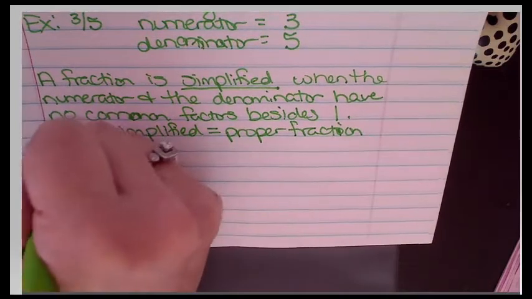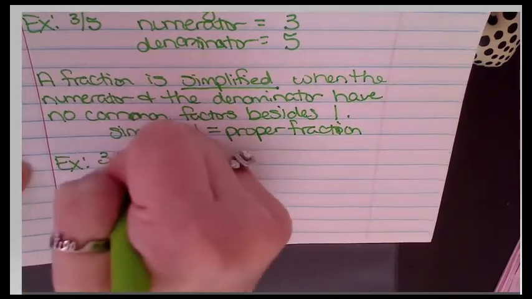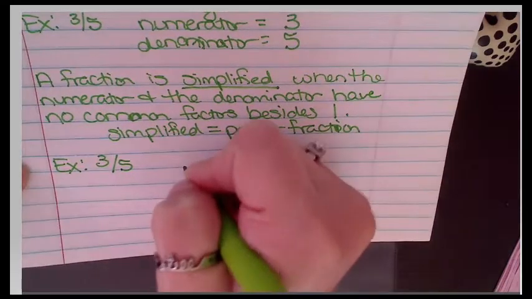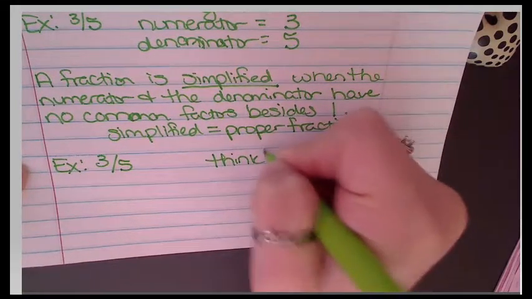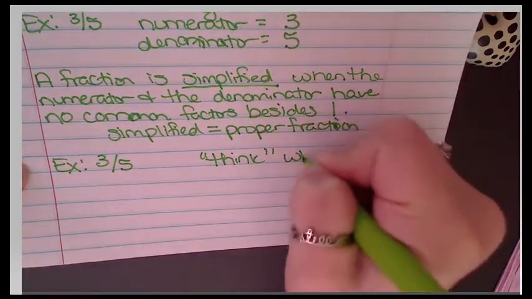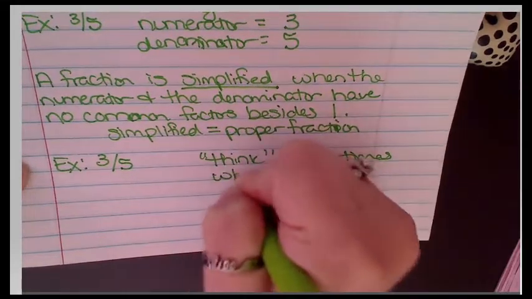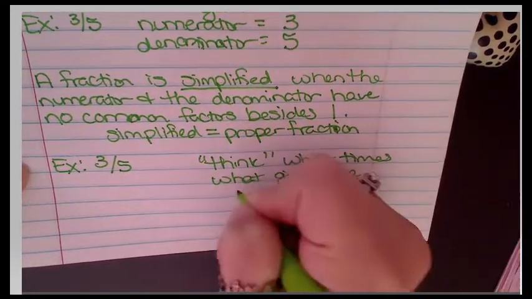Okay, so let's see one. Actually, we're going to see 2. But let's look at the one we had already looked at, 3 over 5. So we have to think what times what gives me 3?